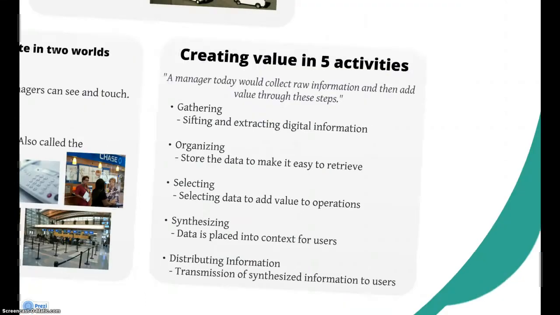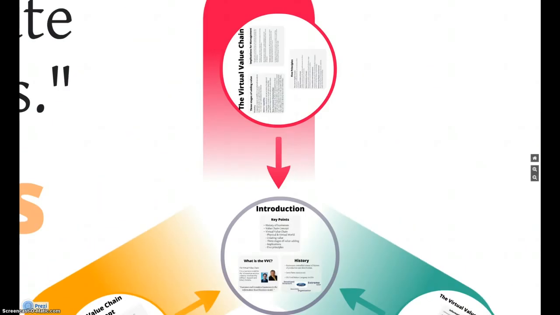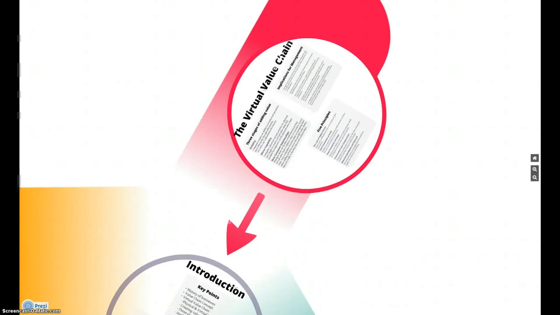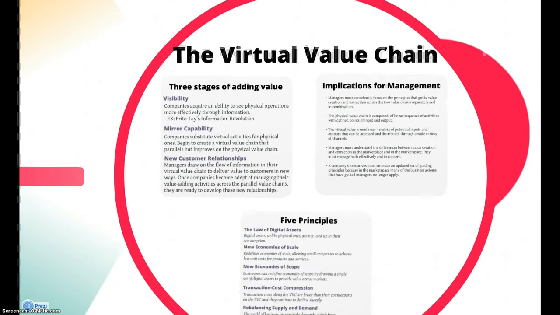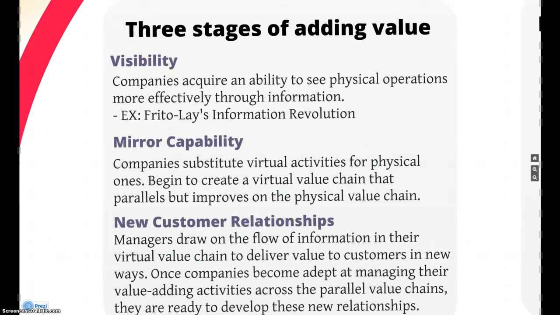Now on to the stages of value adding. There are three stages of adding value: visibility, mirror capability, and new customer relationships. Visibility. Companies acquire an ability to see physical operations more effectively through information. Mirror capability.